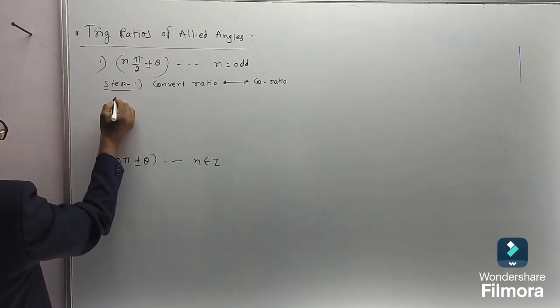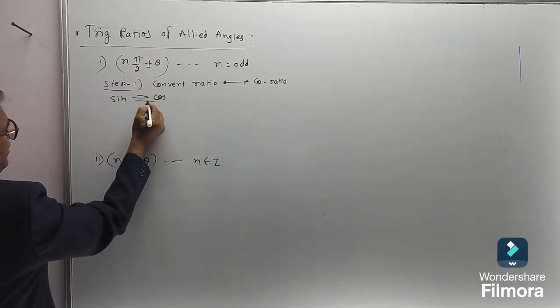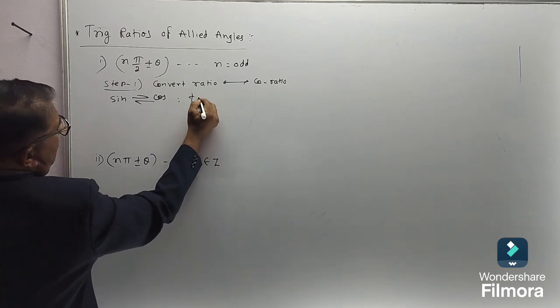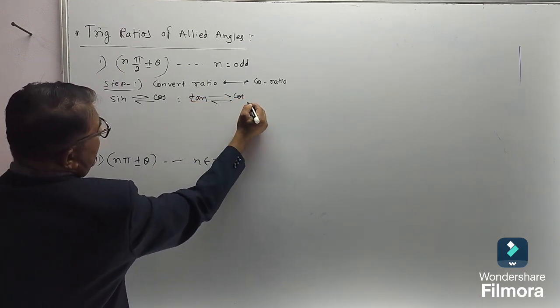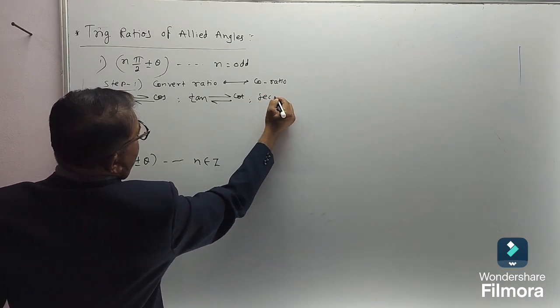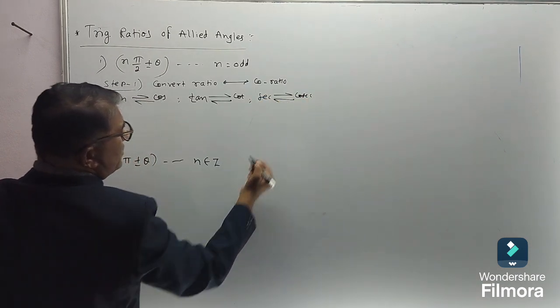Means sine converted to cos, cos converted to sine, tan to cot, cot to tan, and sec to cosec, cosec to sec.